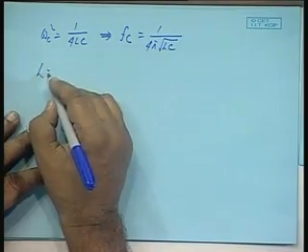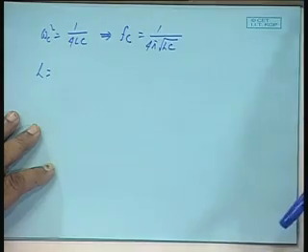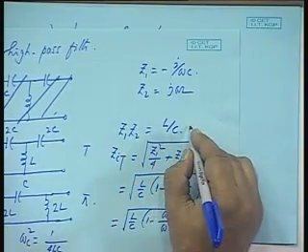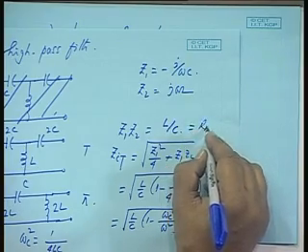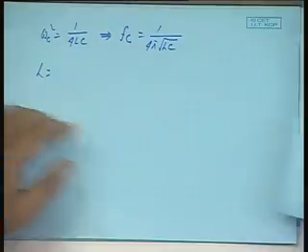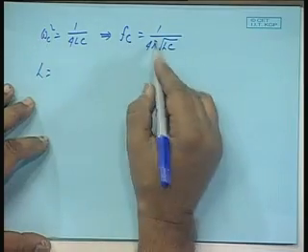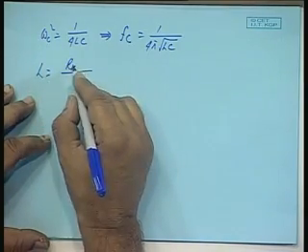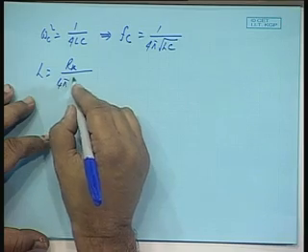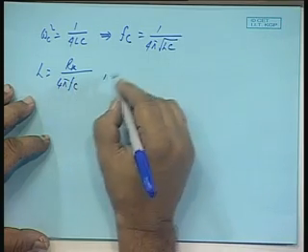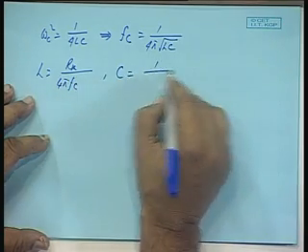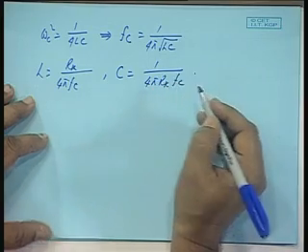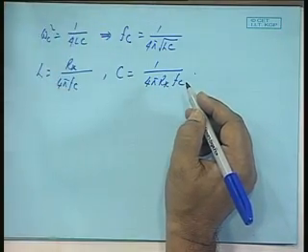Now, if I use once again the same relationship, Z1 Z2, which is equal to R k squared, is L by C, and omega C is this. So, L comes out to be R k by 4 pi F C, and C as 1 by 4 pi R k F C.